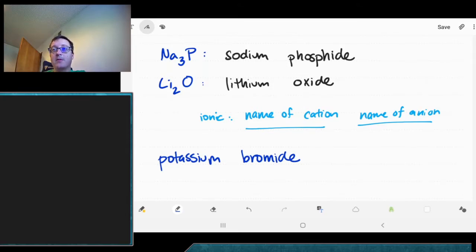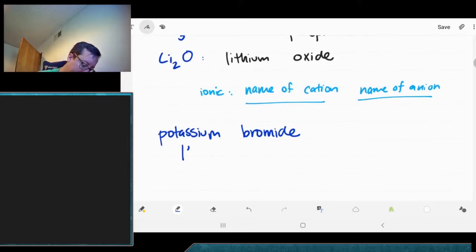So the name tells us the name of the cation and the name of the anion. So potassium ion, K+. The bromide ion is Br-. And so now what we need to do is figure out how many of each of these we need in our formula. And we can say, oh, well, they're of the same charge magnitude, but just different sign.